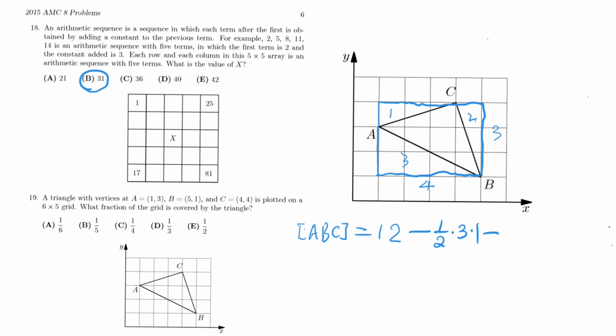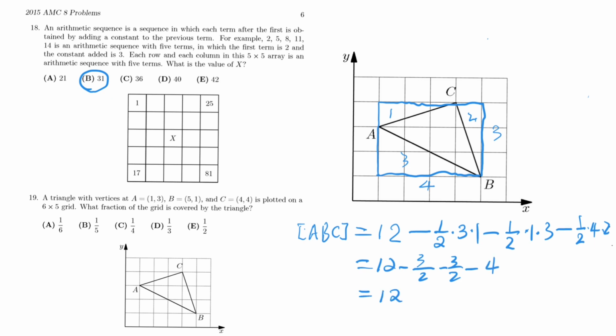Minus part 2, 1 over 2, base 1, height 3. Minus part 3, 1 over 2 times base 4, height 2.